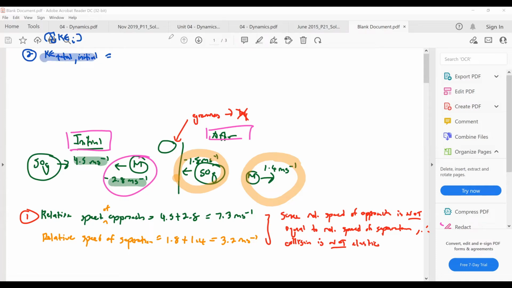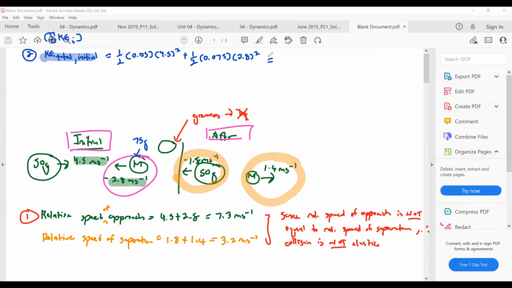Your KE total initial will be half times 0.05 times 4.5 squared, plus half times 0.075, because this is 75 grams, remember, times 2.8 squared.